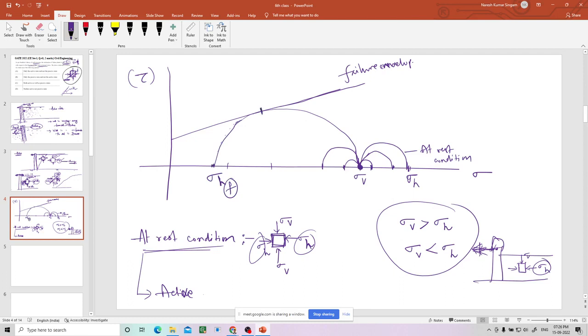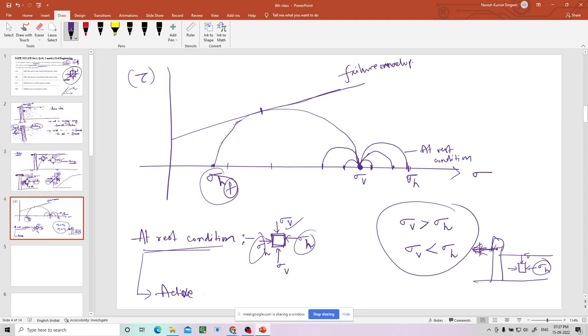At this point sigma h is still in the positive direction, okay. All compressive forces are positive. That's why I have taken sigma v on the right side of the y-axis, sigma h also on the right side of the y-axis initially. Finally, the Mohr circle is reaching within this right side of the y-axis. That means it is still positive, still compressive. It will not become negative or tension, okay.